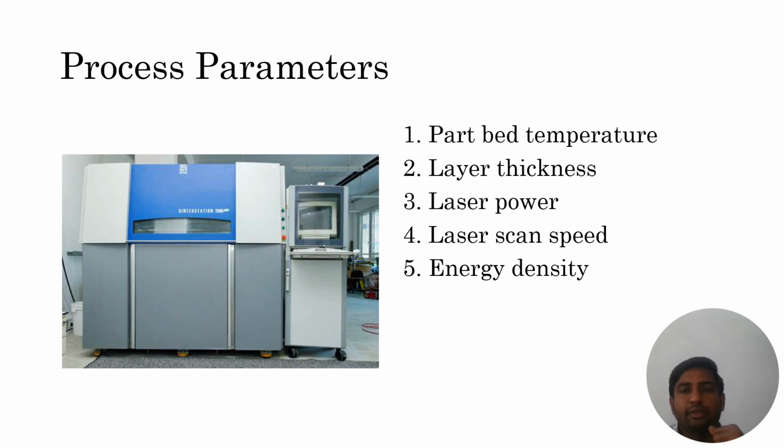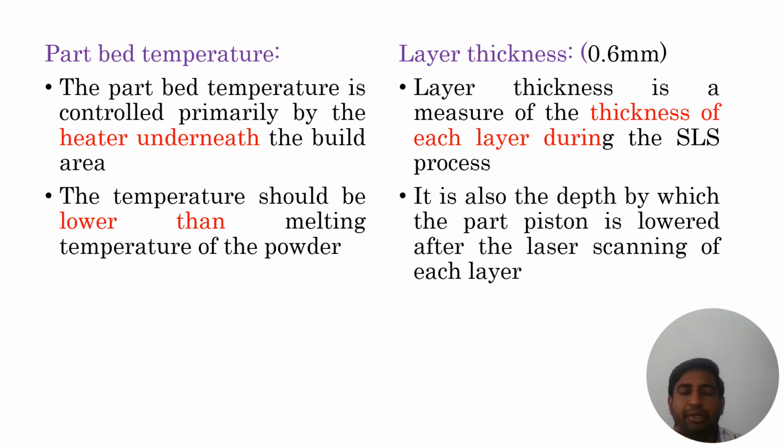These are the process parameters. First is part bed temperature, second is layer thickness, then laser power, laser scan speed, and energy density. We will see them one by one in later slides. The bed temperature is an important parameter. Without heating the bed, the powder will not fuse.